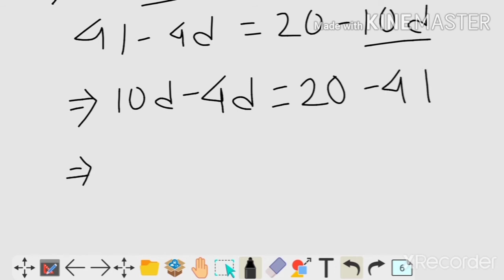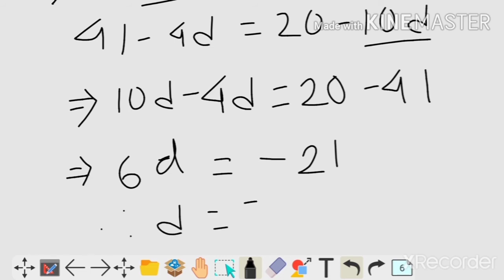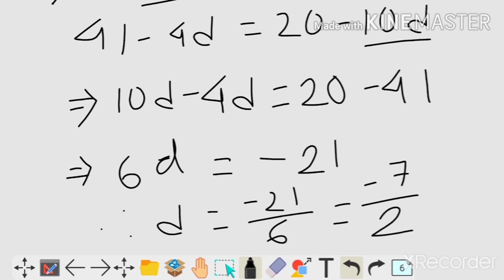So it gives 6D equals minus 21. Okay, so that means D equals minus 21 by 6. So it will be minus 7 by 2. So D equals minus 7 by 2.